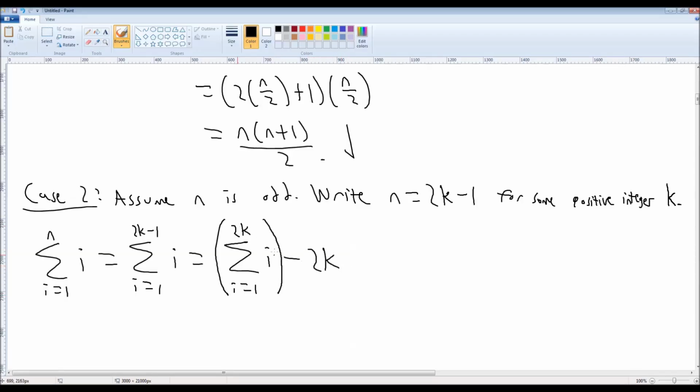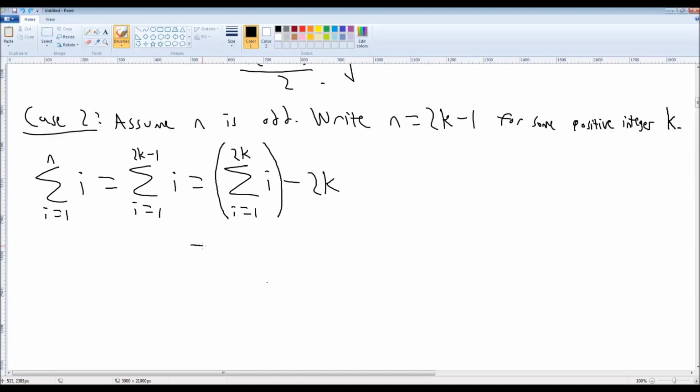You see what we're doing here? Because this sum is the same as this sum, it's just this sum has one extra term at the end, right?